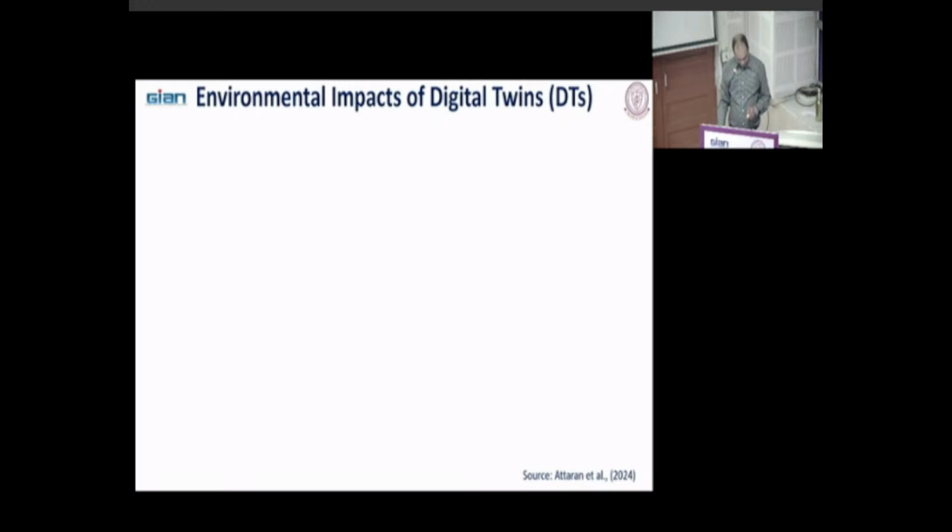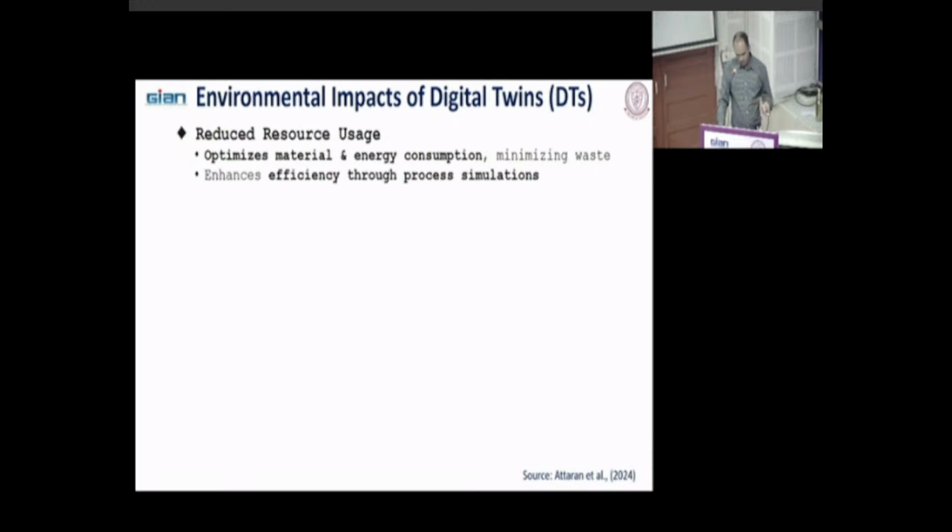Environmental impacts: reduced resource use, because you are optimizing the resources with the help of AI tools. It will reduce resource usage, optimize material and energy consumption, minimize food waste and bottlenecks, and enhance efficiency through process simulation, with lower emissions and pollution. Electric vehicles are used, and you are optimizing the routes.